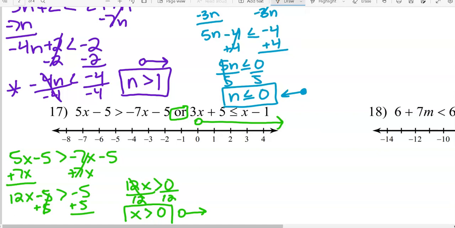All right, and my other inequality, we have 3x plus 5 is less than or equal to x minus 1. Would it be 4x? No. How come?